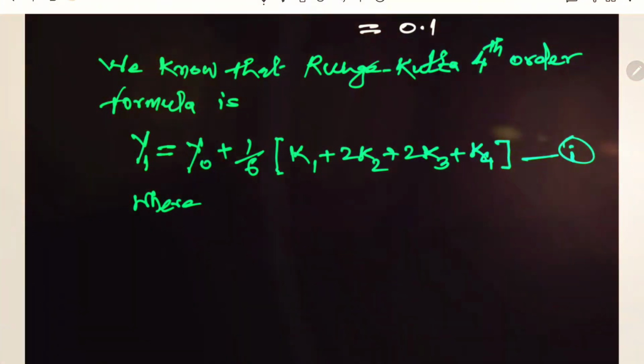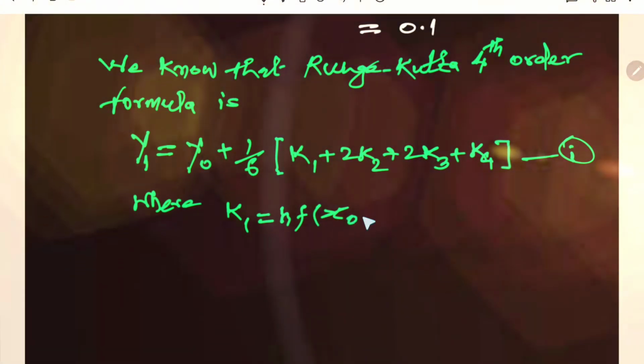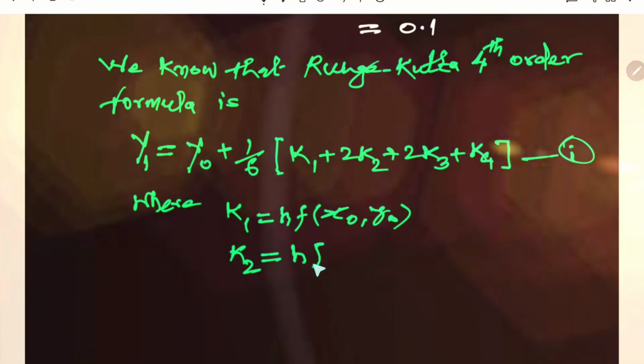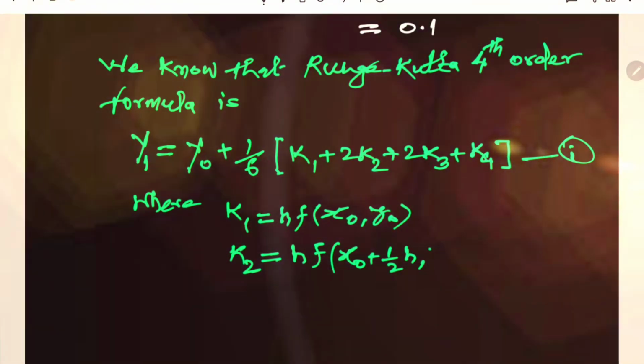h into f of x0 y0. k2 is equal to h into f of x0 plus half h and y0 plus half times k1.